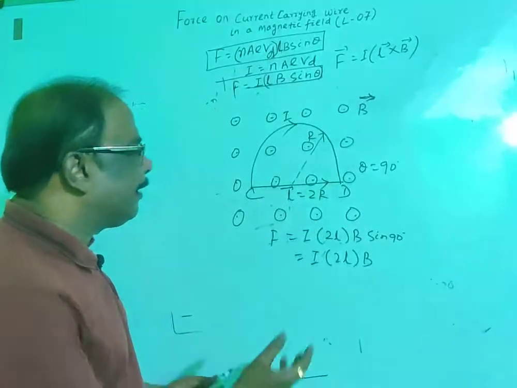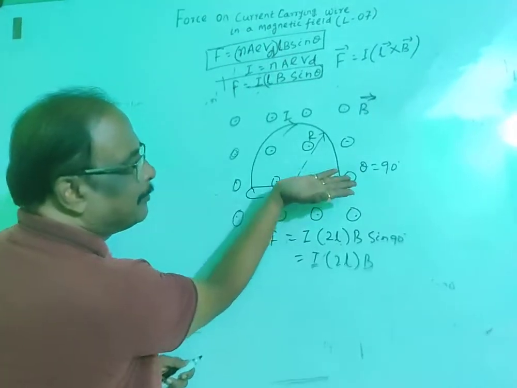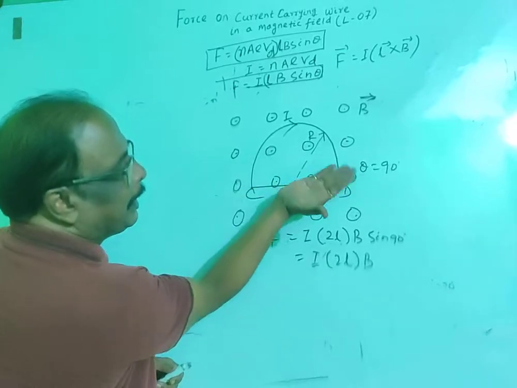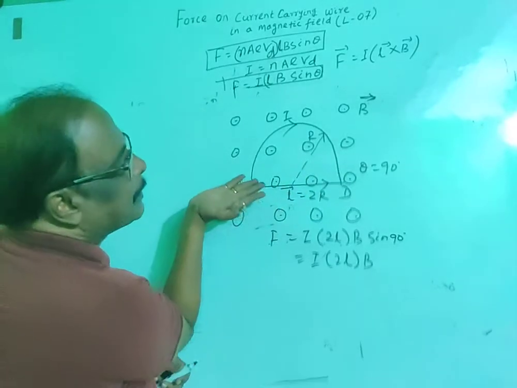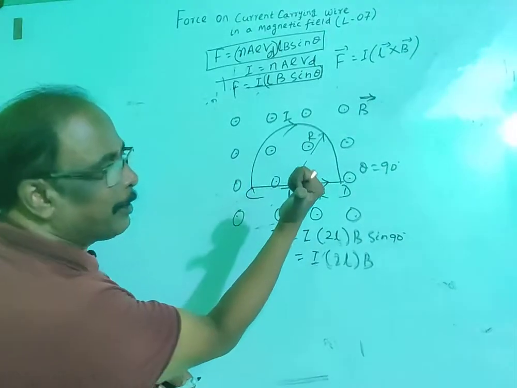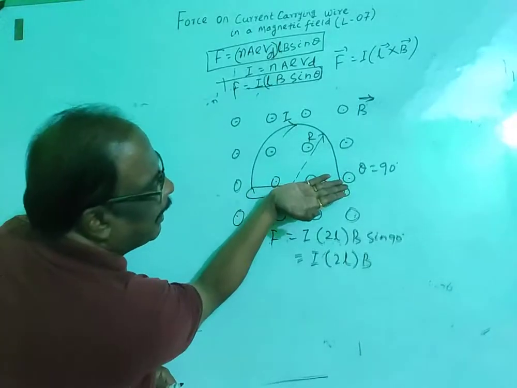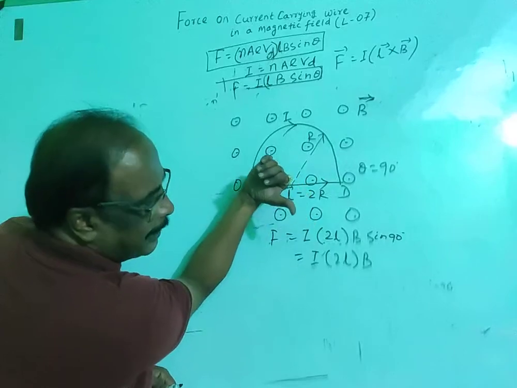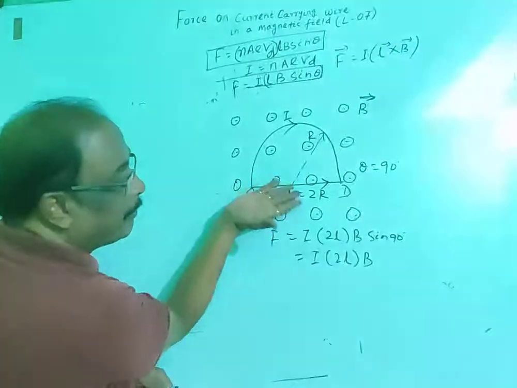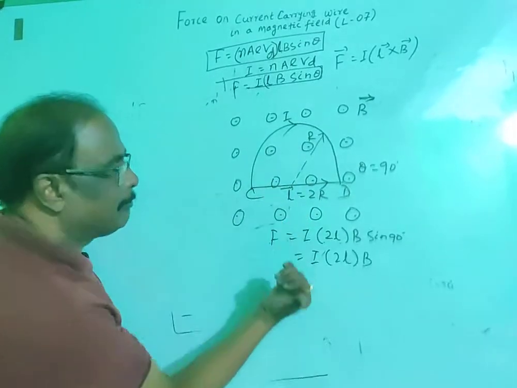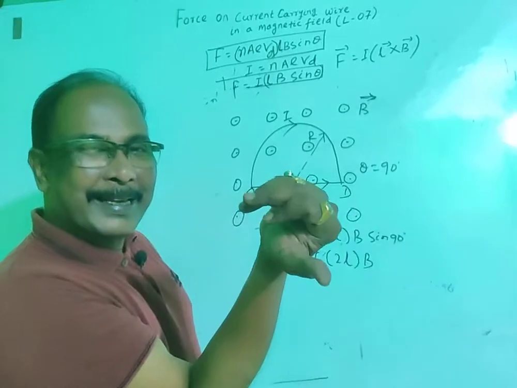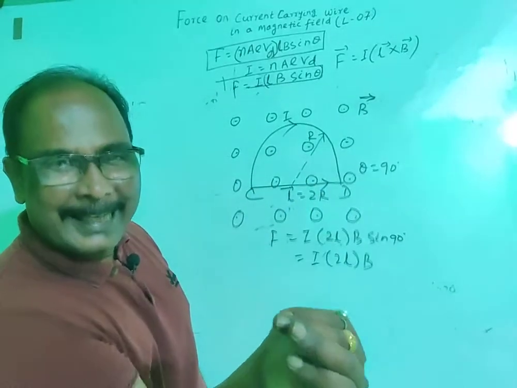You can find the direction: this is the direction of length, parallel to the plane, this is the direction of magnetic field, L cross B. The direction is inwards for L cross B, so the direction of force is downward.